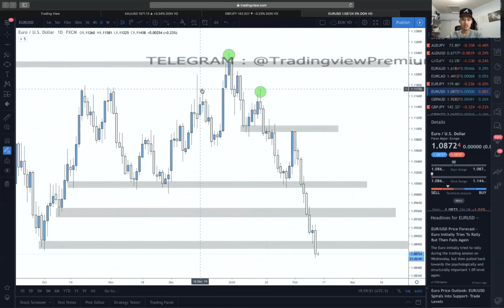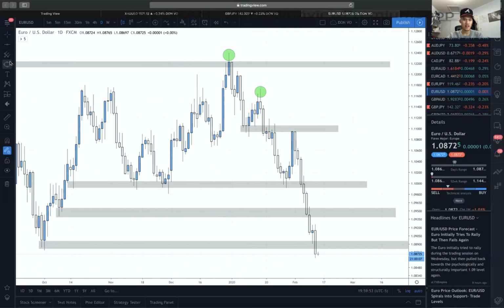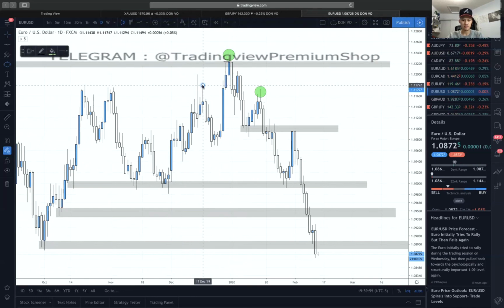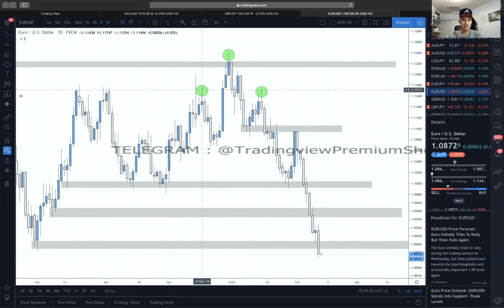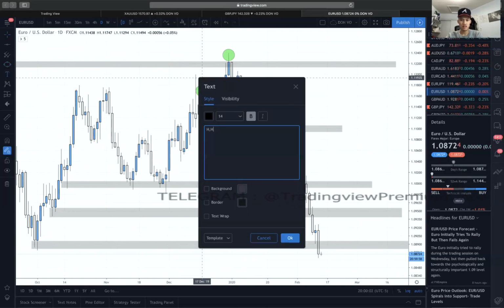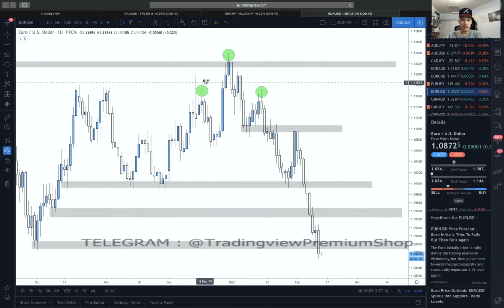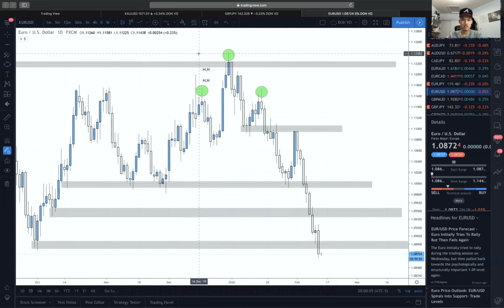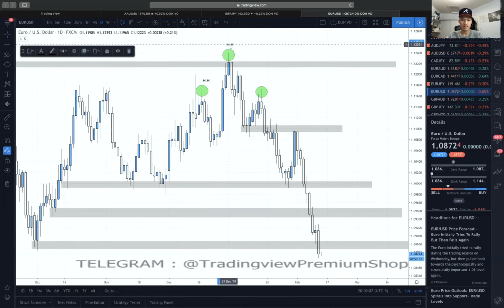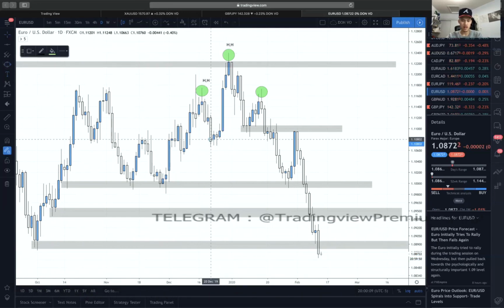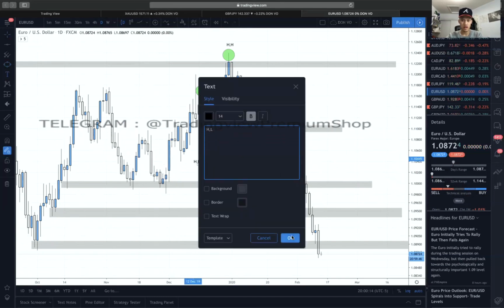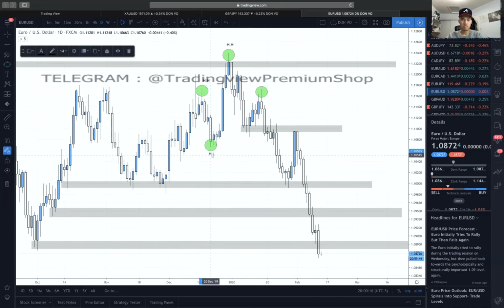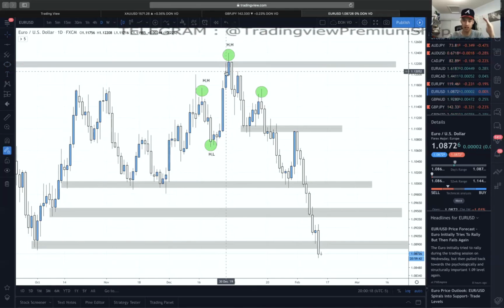So this is the previous higher high, and I'm going to highlight this too. And then we have this higher high, so pretty much it's a higher low. So higher high, higher low, higher high.